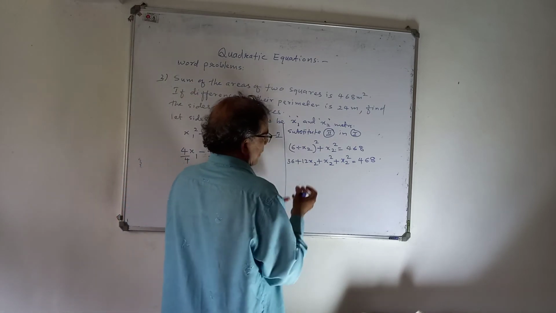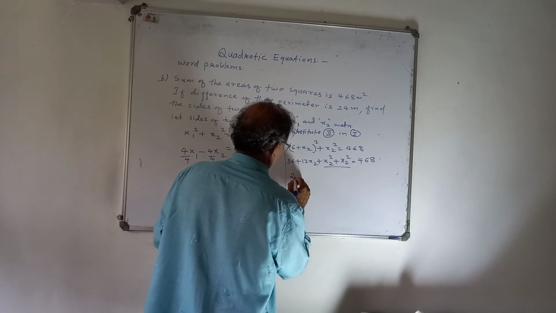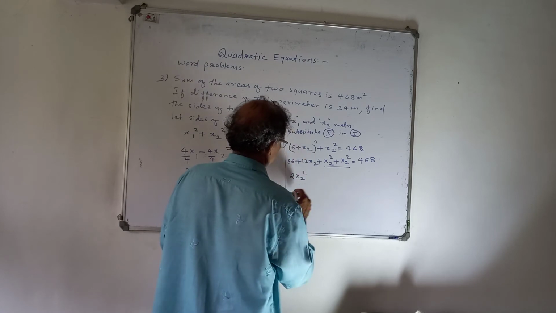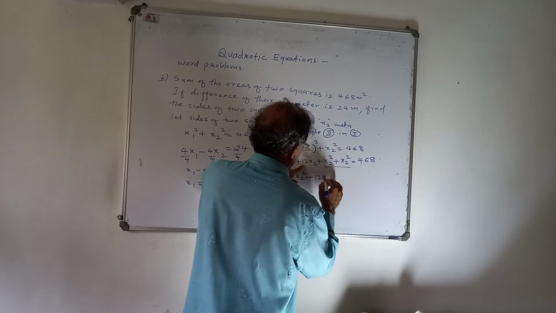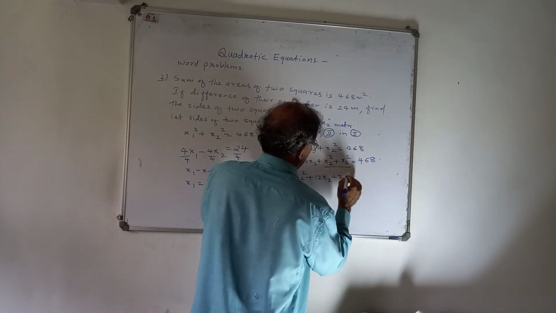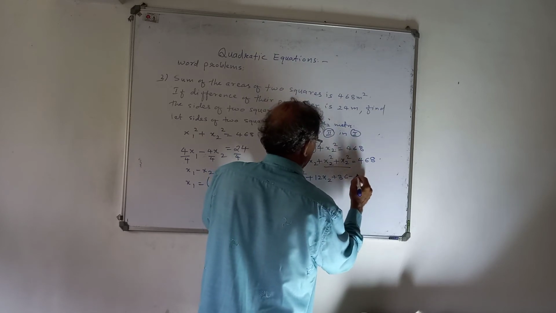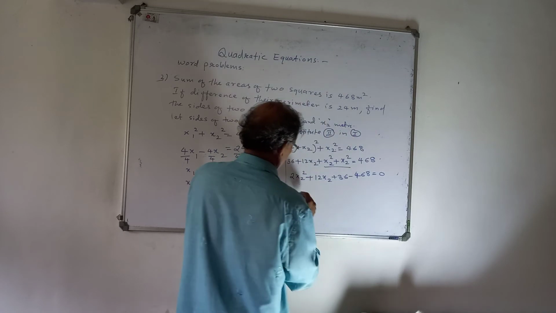Now always in a quadratic equation the square term is first. So x2 square plus x2 square, so 2x2 square plus 12x2 plus 36, and bring this here, minus 468 is equal to 0.